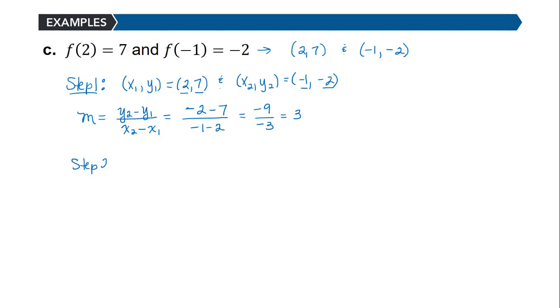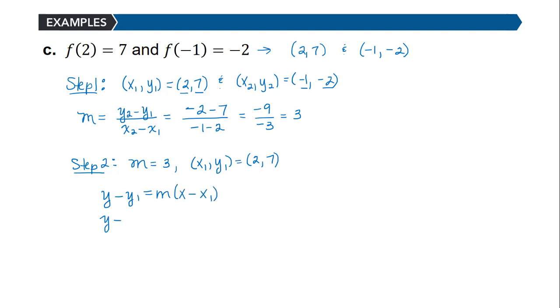My second step is to use the slope of 3 together with one of those points. And again, I'm going to choose (2, 7), since it doesn't have any negative signs. Sometimes you don't have that option, but you can work with the negative signs. It's not a problem. If we let x1, y1 equal (2, 7) and slope 3, we get y minus y sub 1 is equal to m times x minus x sub 1.